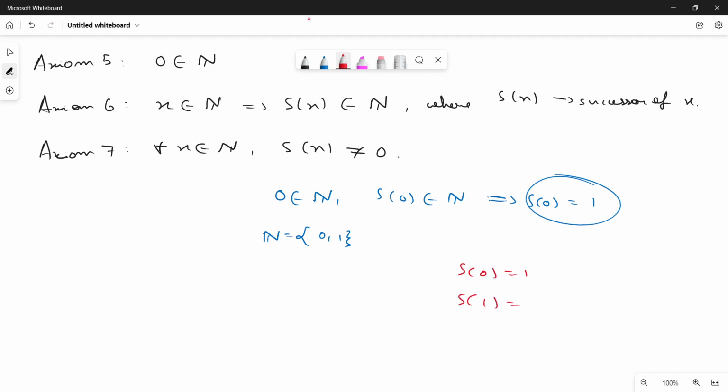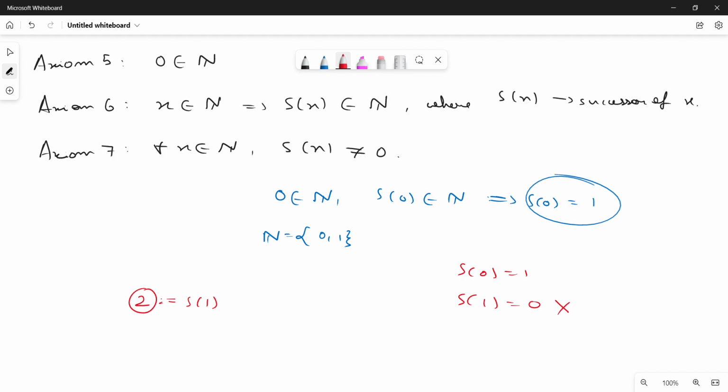Now there are only two such elements, and S0 is 1. So that means S1 must be 0. But this is not possible. We have already said that the successor of any natural number cannot be 0. That means there must be more to it. So now, since S of 1 cannot be 0, but S of 1 is in N, we define S of 1 as 2.